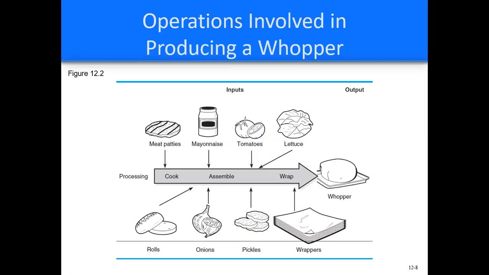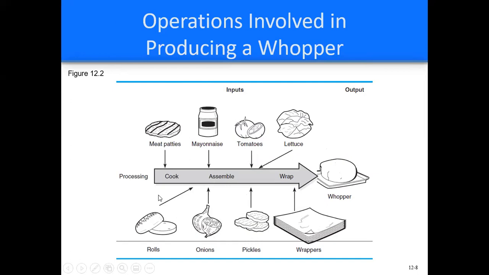So this one is the operations involved in producing a Whopper. You see that this is the input: the meat, the burger, the mayonnaise, tomatoes, lettuce, and then the rolls, the onion, the pickles, and then wrappers.